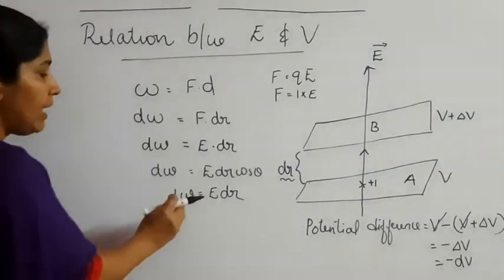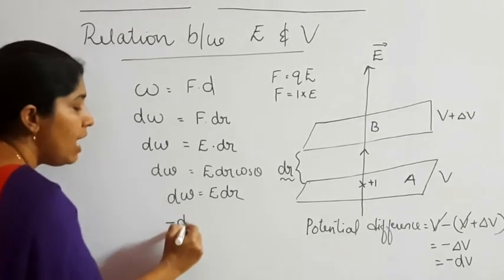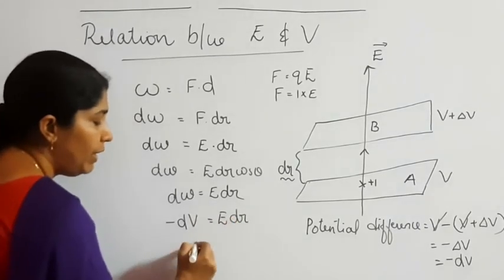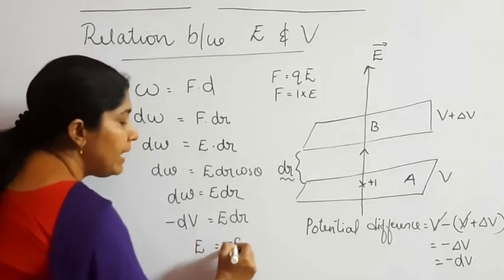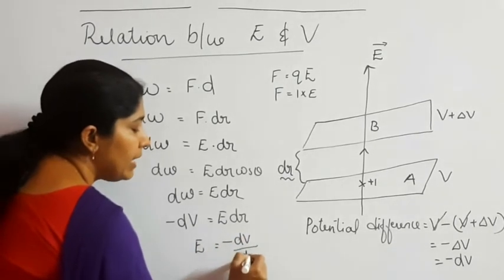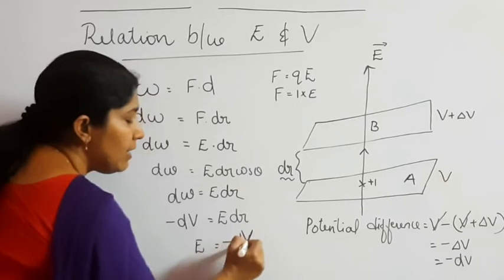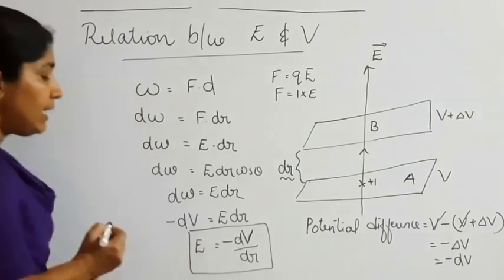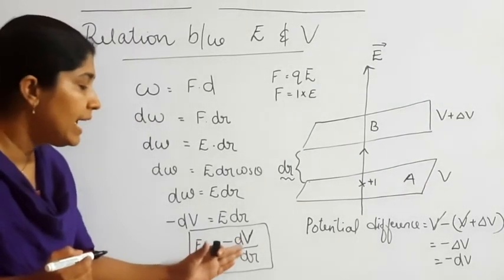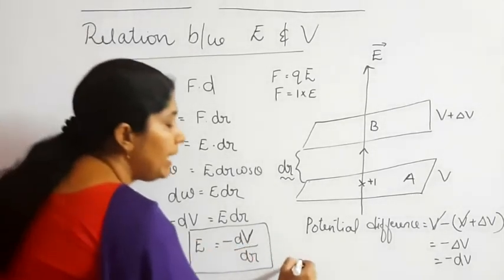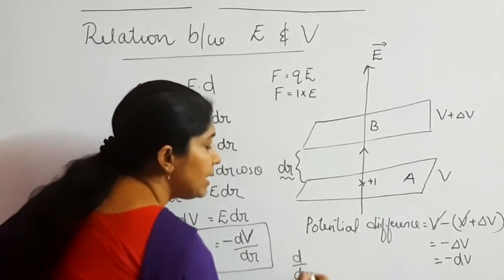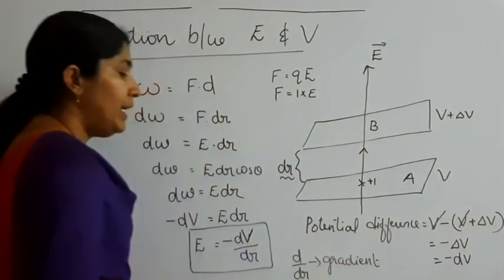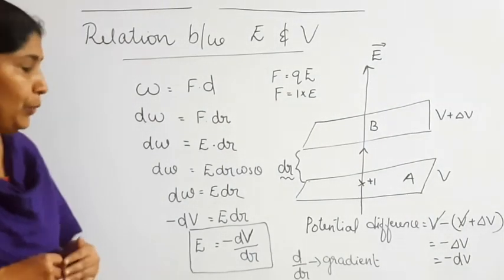So the work done can be written as minus dV, where minus dV is equal to E dr. From here, E is equal to minus dV divided by dr. From this relation, we can say the electric field is the negative gradient of potential. d by dr means gradient.